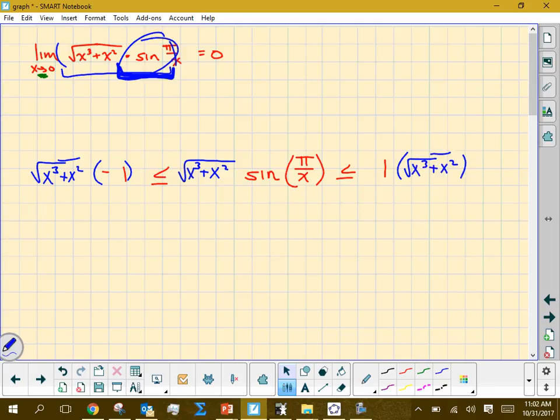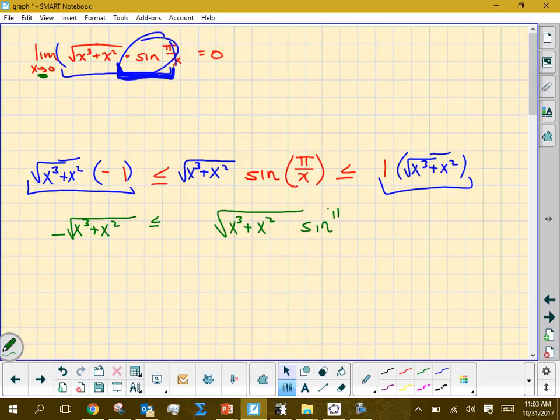And this is really the hard part about these types of problems, is determining this function here and that function there. But you got to start in the middle with that sine of pi over x. The next thing then, I'm going to rewrite this as negative root x cubed plus x squared less than or equal to that root of x cubed plus x squared times sine pi over x, less than or equal to then positive root x cubed plus x squared.